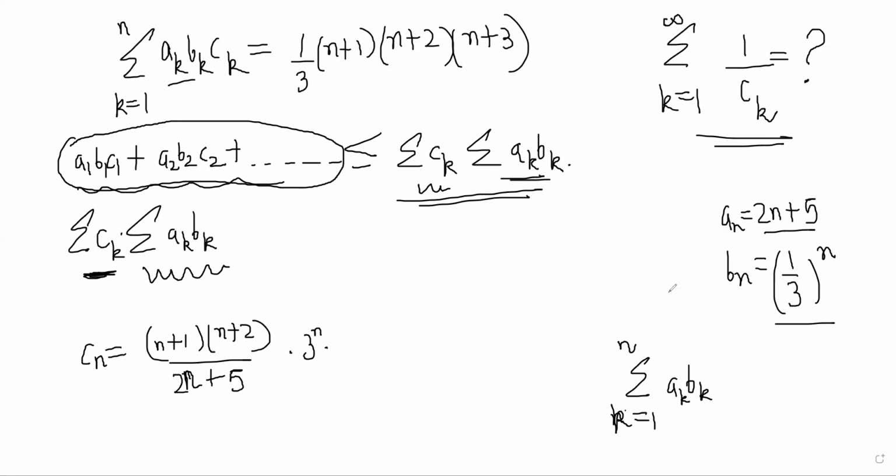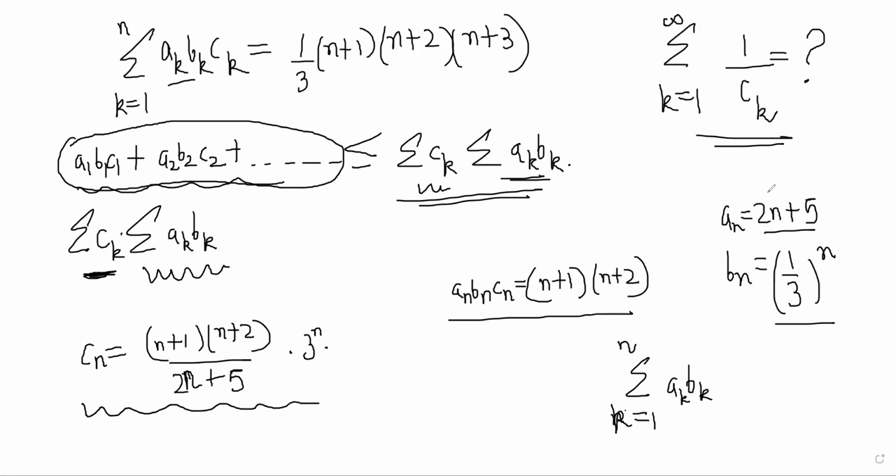An into bn into cn is simply (n plus 1) into (n plus 2), right? Do you understand what I'm saying? This into this, right? An into bn into cn is this.